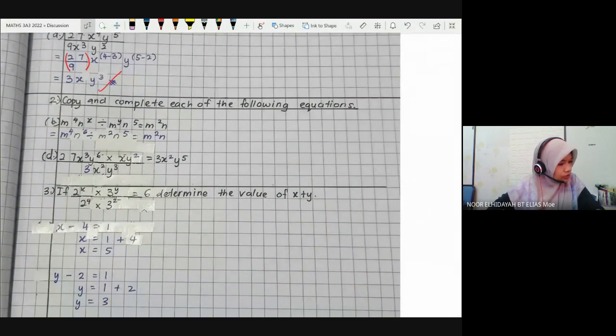And then question number 2. This one asks you to copy and complete the following questions. This one involves linear equations.